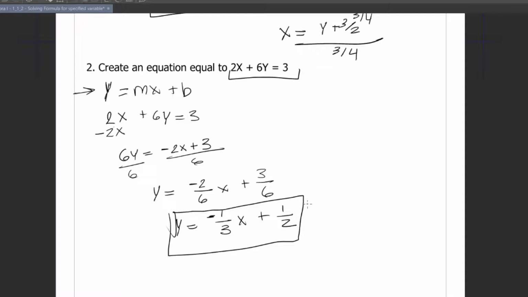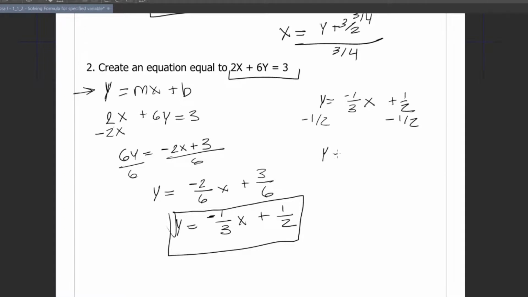Same thing if we want to solve for x. So we have y equals negative 1 over 3 x plus 1/2. Let's solve for x. So let's go ahead and minus 1/2. What you do to one side, you've got to do to the other.